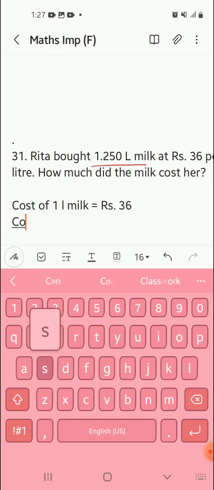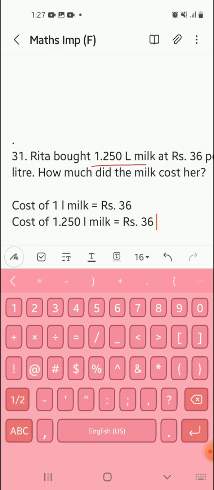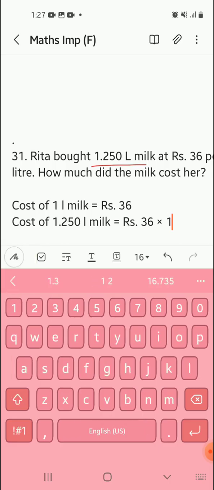So cost of 1.250 liter milk is equal to rupees 36, that is the rate, that is the cost of milk at 1 liter, into the liter of milk bought, that is 1.250.